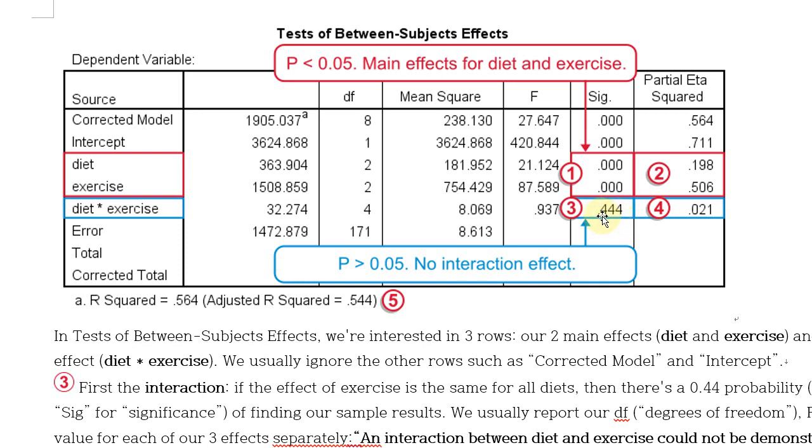This is 0.5, meaning it's almost 45. Meaning that the possibility your hypothesis is wrong is almost 40%. Meaning that, okay, there is no interaction effect.